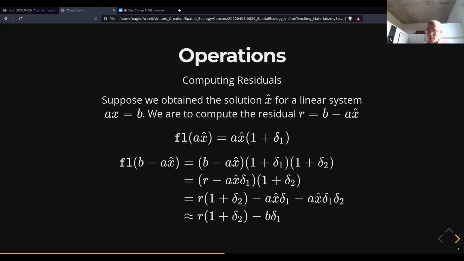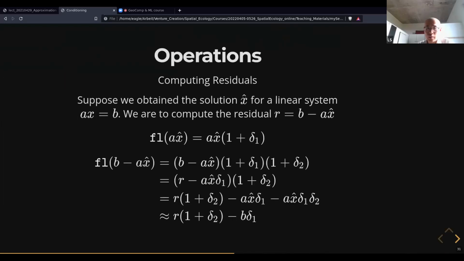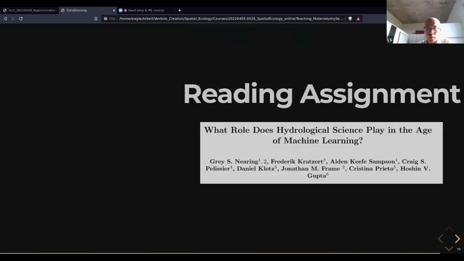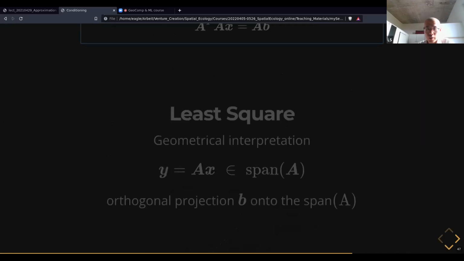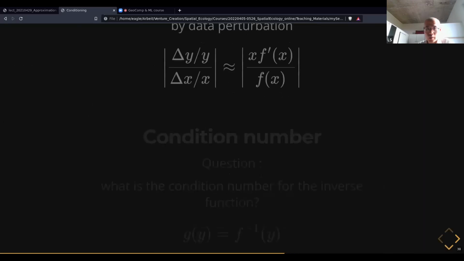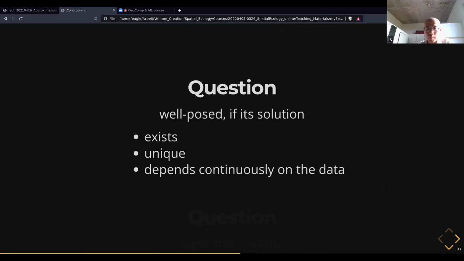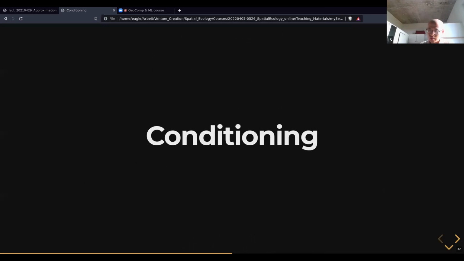Yeah, great question, Giuseppe. Actually, I'm glad you asked about this one. I think I will address this one in a later part, which is right here. I don't know why I went so far away. Okay, that's about conditioning. So what Giuseppe asked is, we have to calculate residuals anyway. That's what we do in practice.